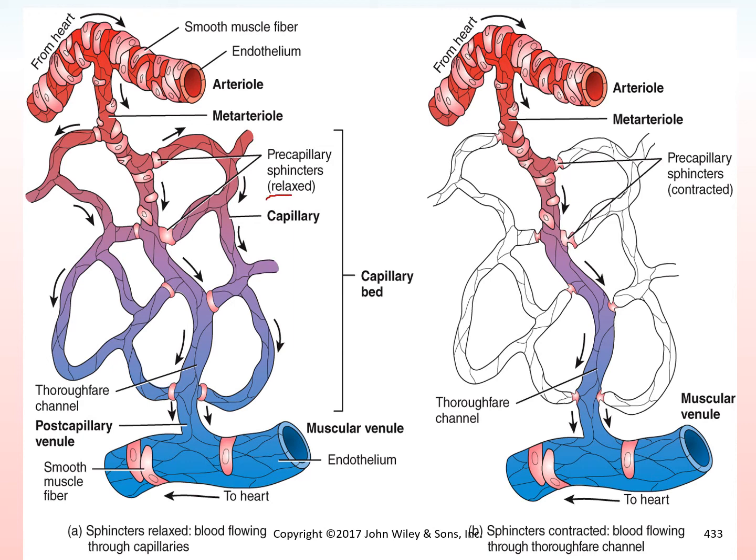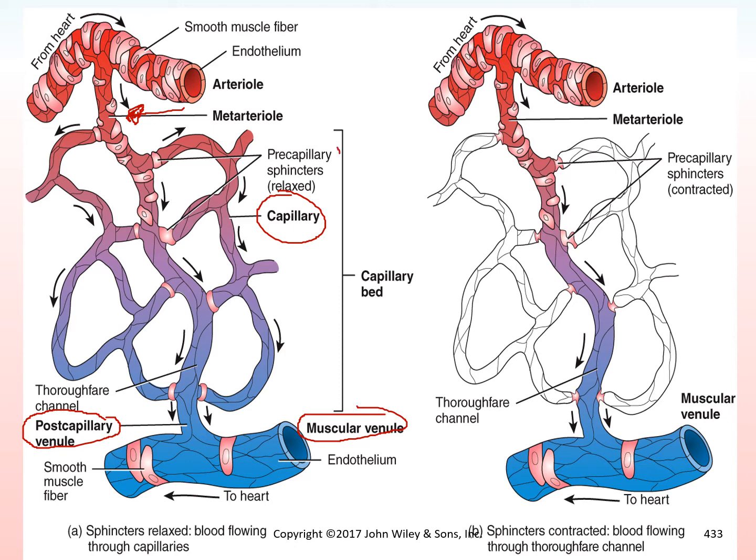And the one that says meta-arteriole, it literally means that which is beyond the arteriole. And this area down here is called a post-capillary venule because it's not a capillary anymore, and it's not a typical venule, which has muscles. This post-capillary venule doesn't have muscle along its wall.